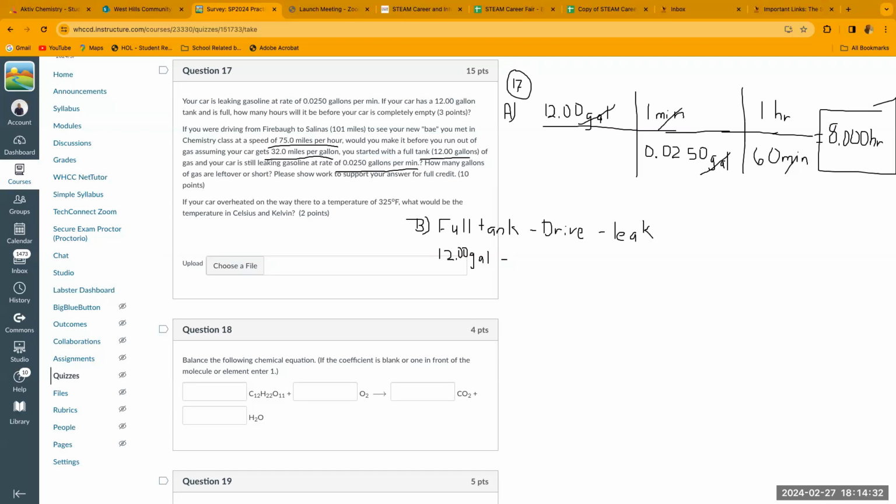Then we have the driving part. So how far are we driving? We're driving to Salinas, and Salinas is 101 miles away from Fireball. So we're going to go ahead and start with that. We're going to come down here and put drive.